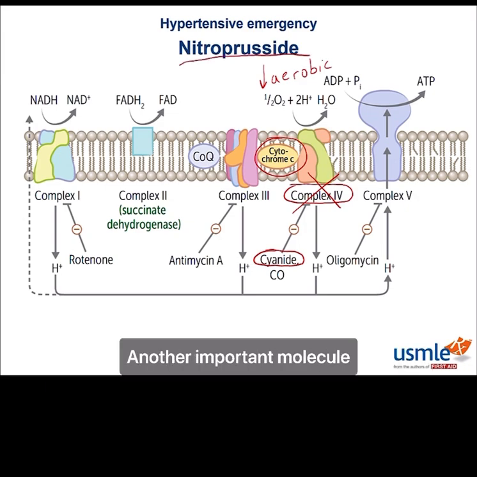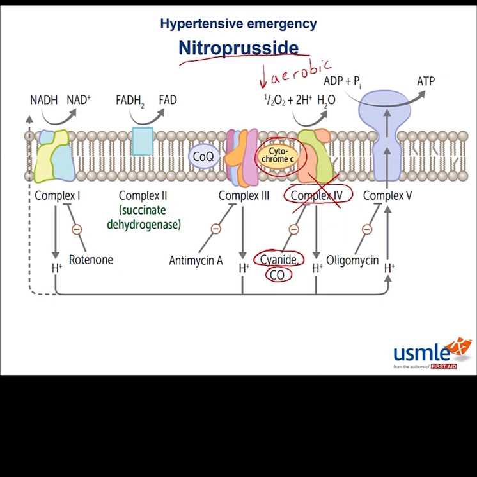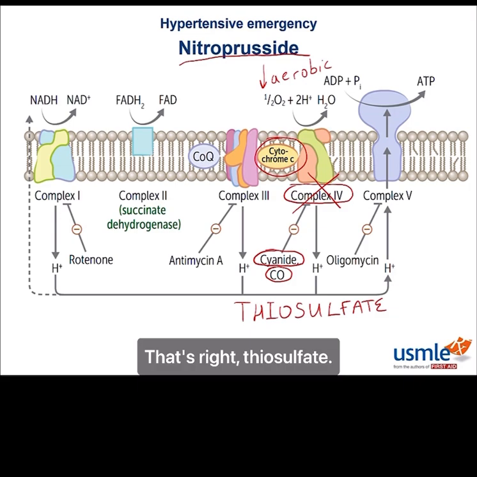Another important molecule that can also inhibit complex 4 is, yes, carbon monoxide. Never forget these two. So how do we treat cyanide toxicity? That's right, thiosulfate, because it will directly bind the cyanide and remove it off the complex 4.